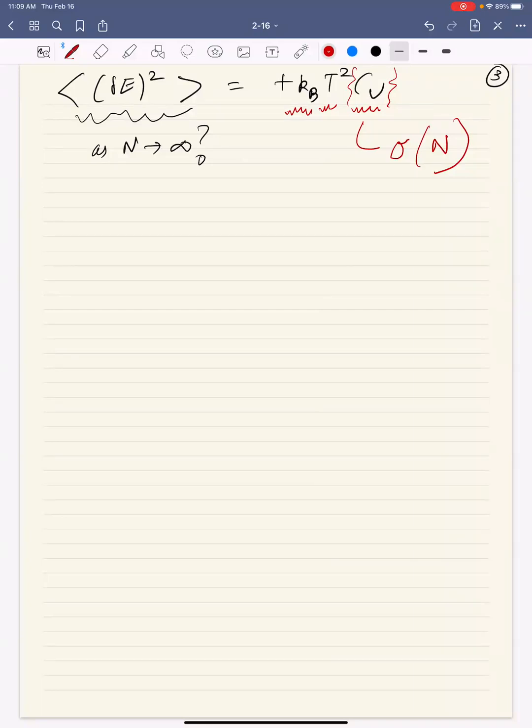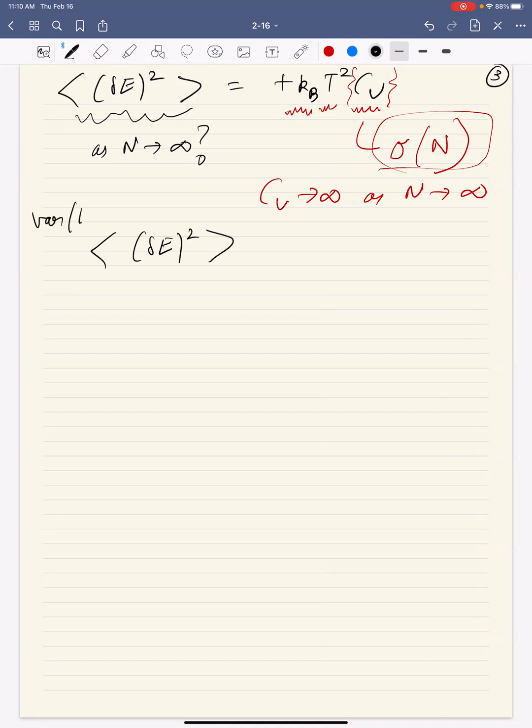So as n tends to infinity, CV tends to infinity. And it's order of n. It's not order of n squared. It's linear in n. That's the definition of an extensive quantity. What does this mean for us? This means that the variance of energy also behaves as order of n as n tends to infinity.